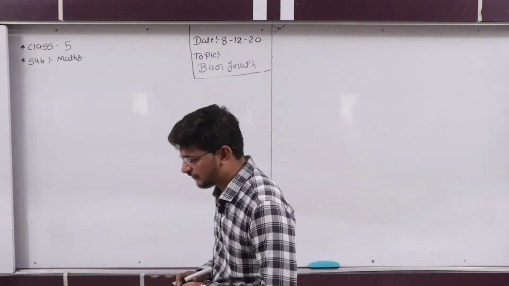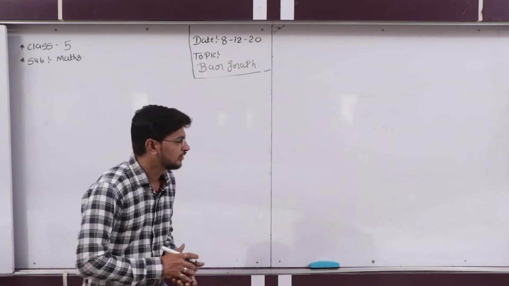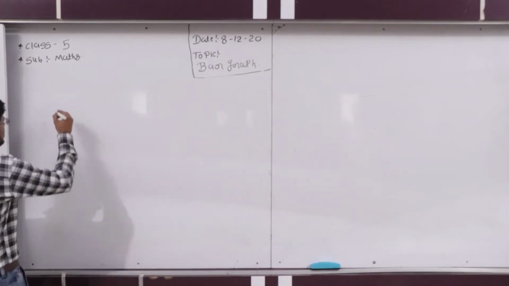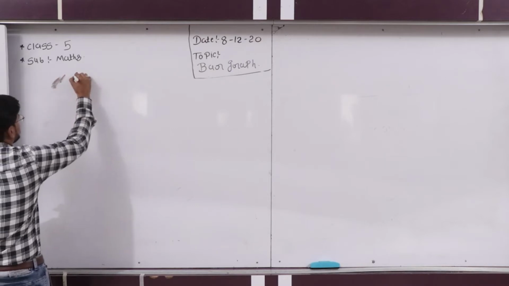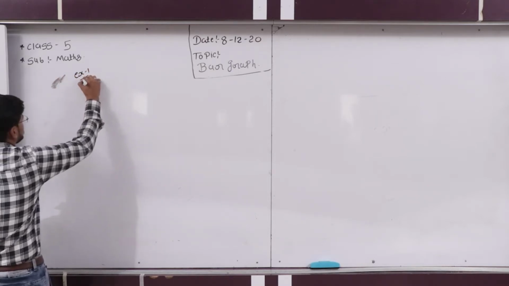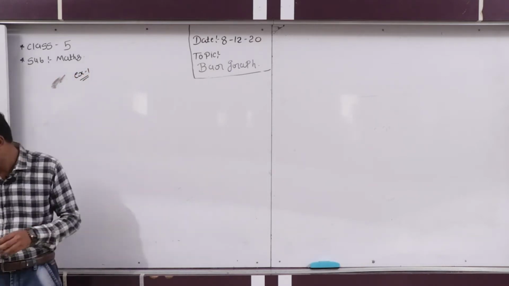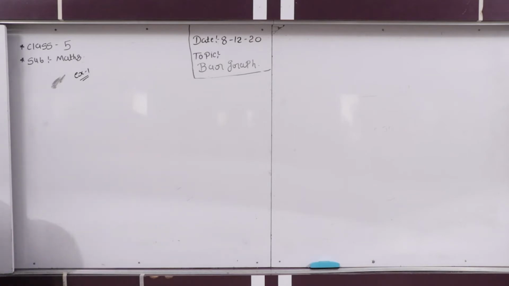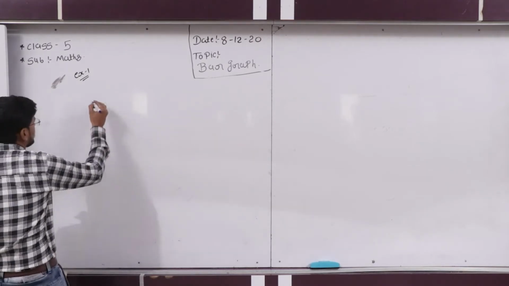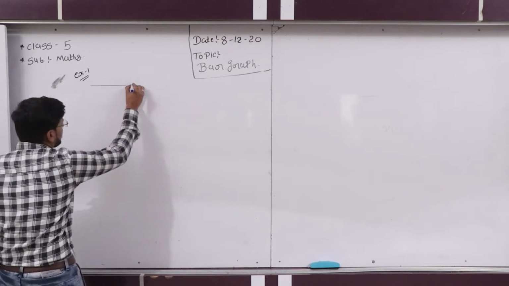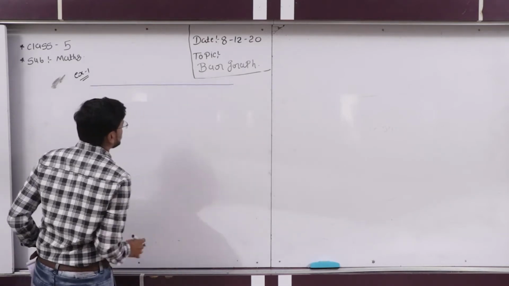So here we take a first example. Example number 1. We take some information. First we draw a table, and there are 3 columns.